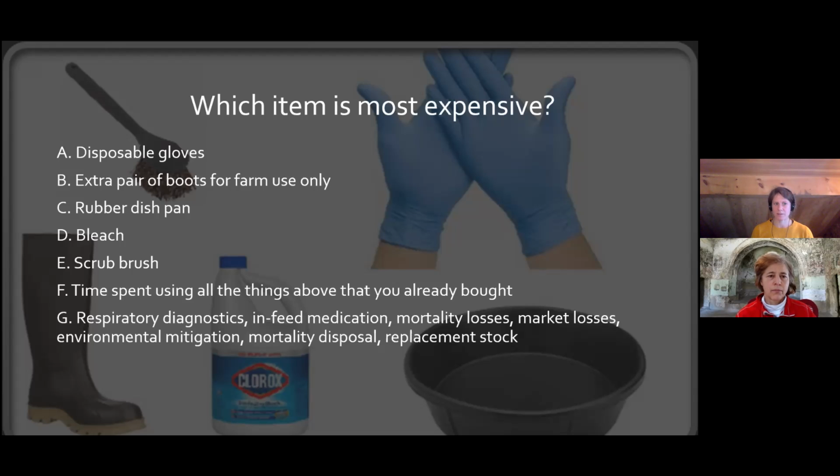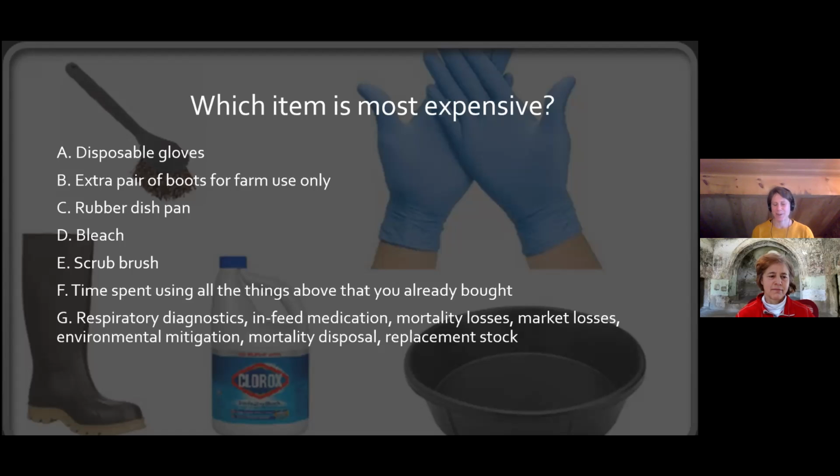Disposable gloves, an extra pair of boots for farm use only, a rubber dishpan, bleach, a scrub brush, the time spent using all the things above that you already bought, or paying for respiratory diagnostics, in-feed medication, mortality losses, market losses, environmental mitigation, mortality disposal, and replacement stock. And obviously, our participants all highlighted G as the most expensive item.